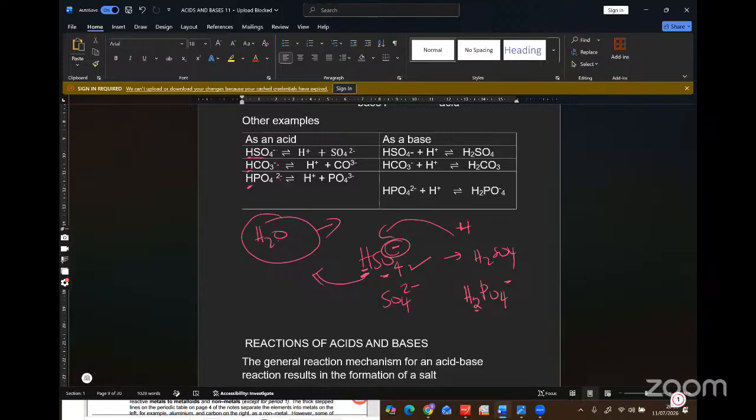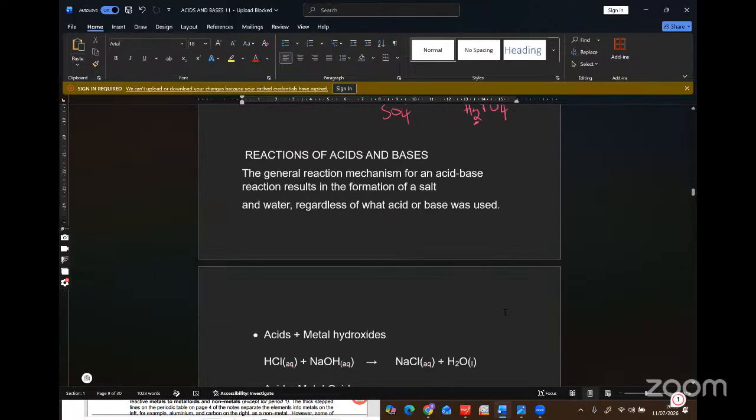In this case, it's also amphiprotic because it has two hydrogens and a negative charge. So that's how you're able to identify which is an acid and which is an ampholyte or amphiprotic substance. Water is a constant. Then any other thing that has at least one hydrogen and a negative charge is also another one to consider.